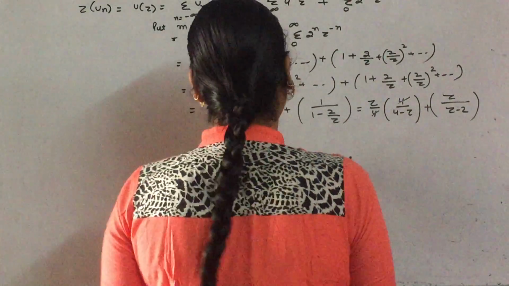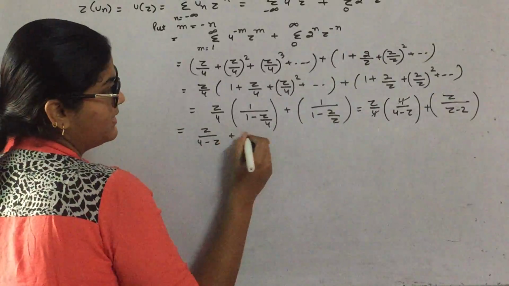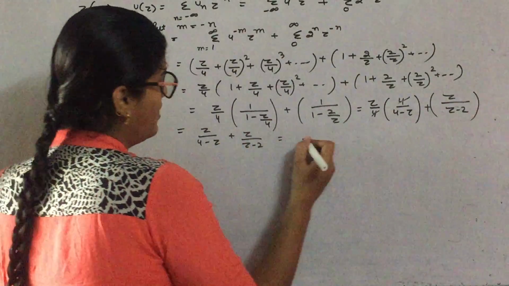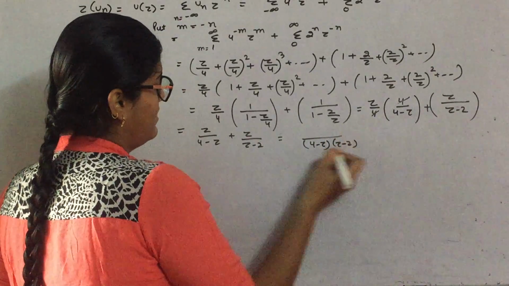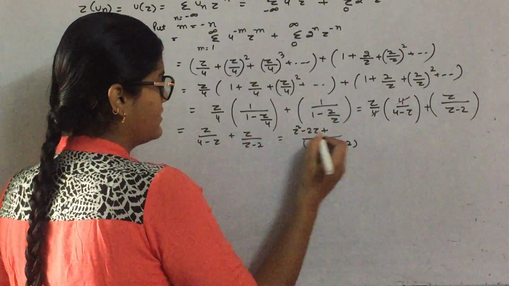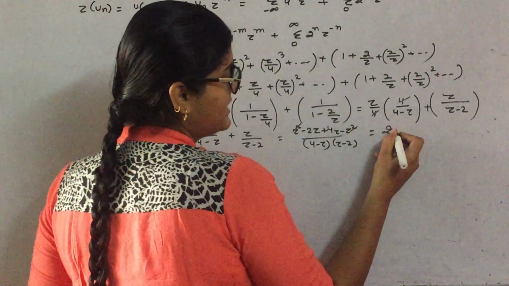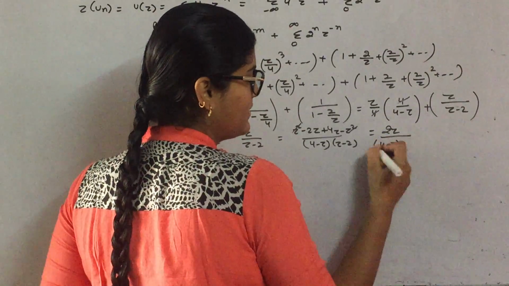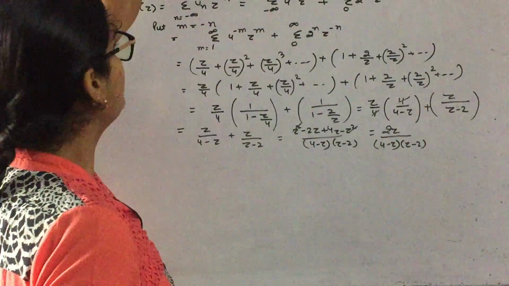Taking the LCM, z squared minus 2z plus 4z minus z squared. Z squared is cancelled out, leaving 2z upon (4 minus z)(z minus 2). In this way you get the value of the Z transform.